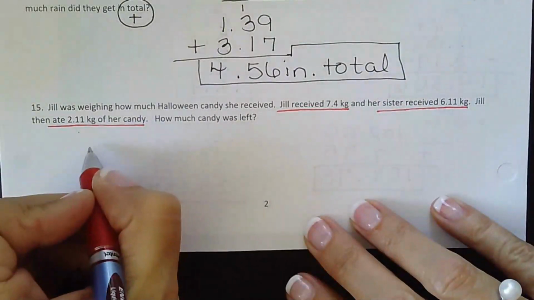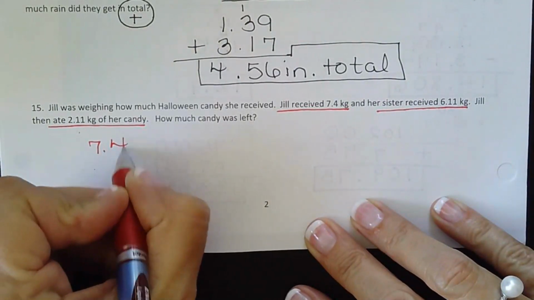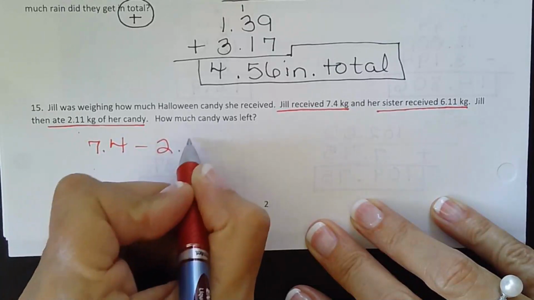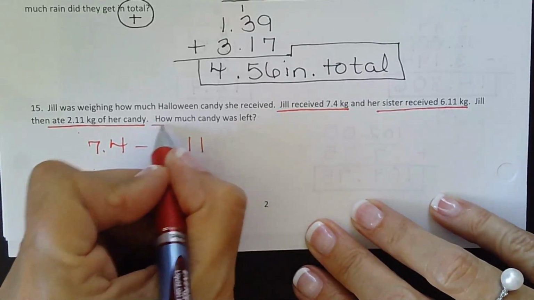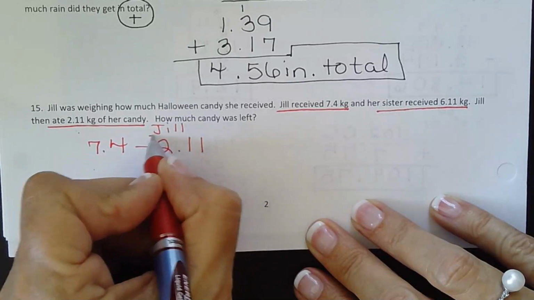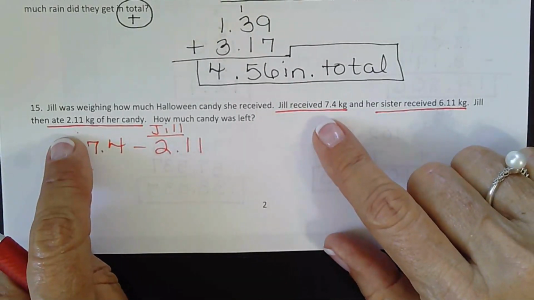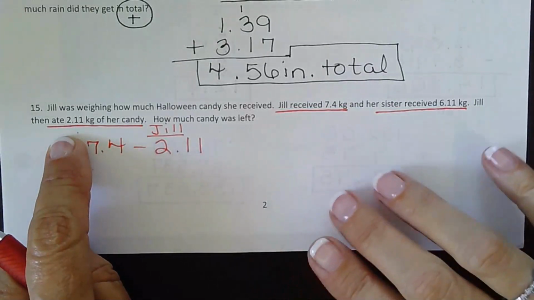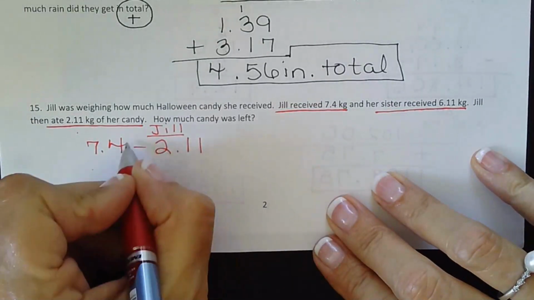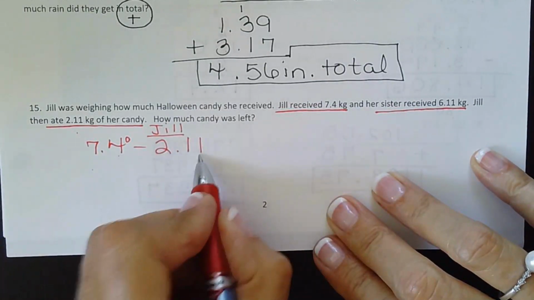So it's going to be 7.4 minus 2.11. That's going to be Jill's candy. So 7.4, she ate 2.11. So we need two decimal places on this since this has two.